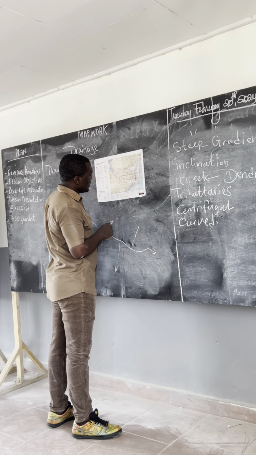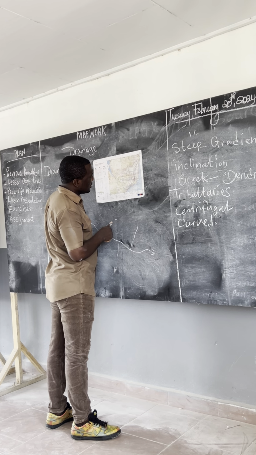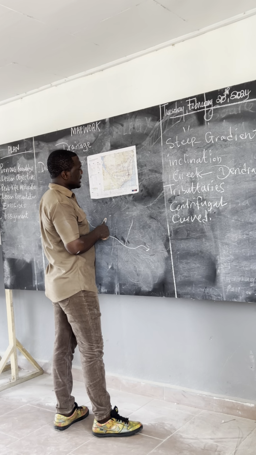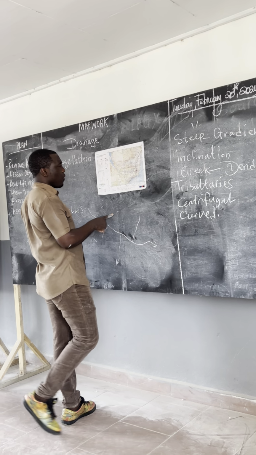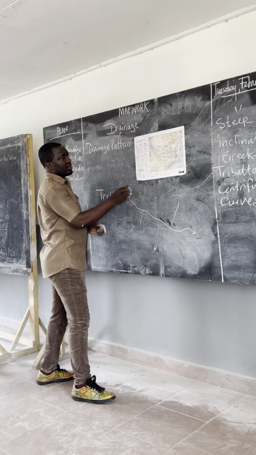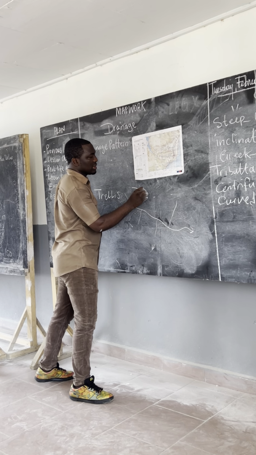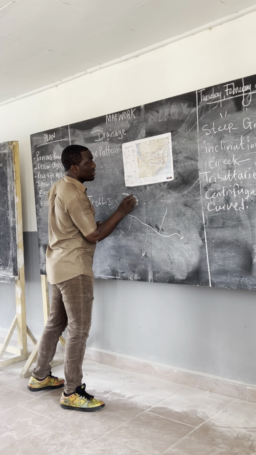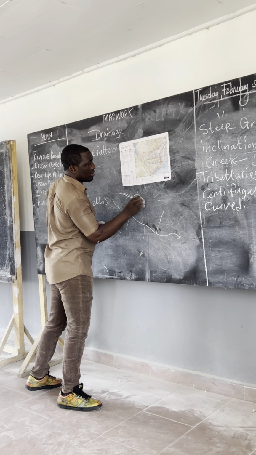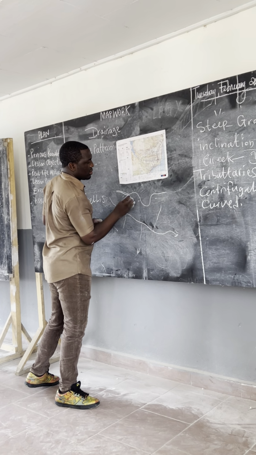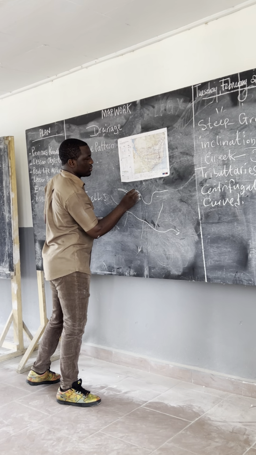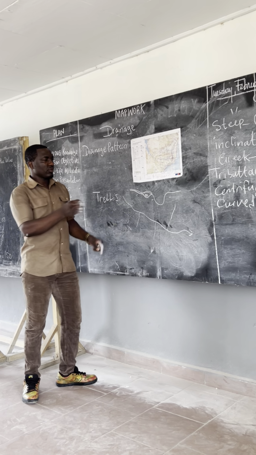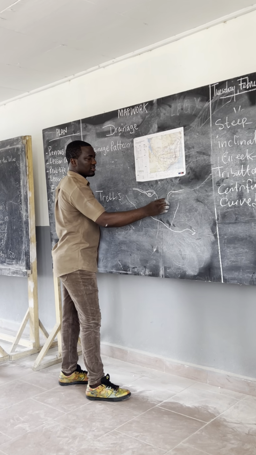Now, let's go to the other. Tell me the drainage pattern that you see in 8704, where River Brora flows like this. Yes, this is how it flows.